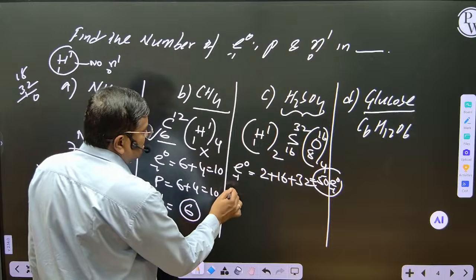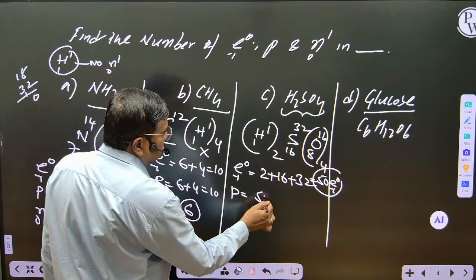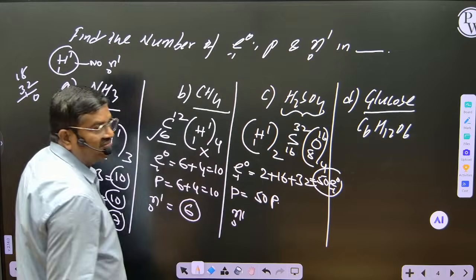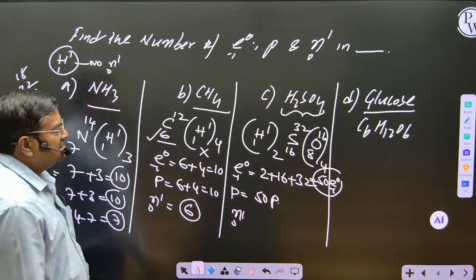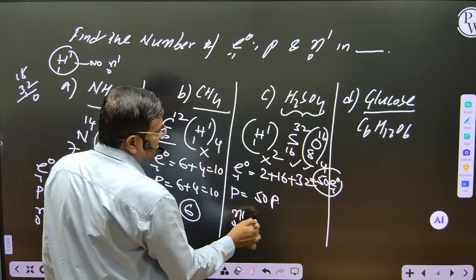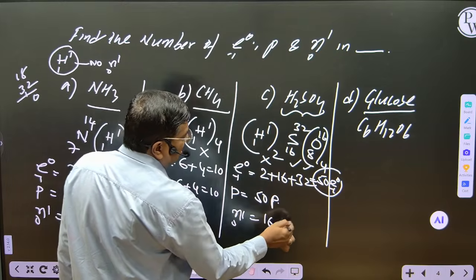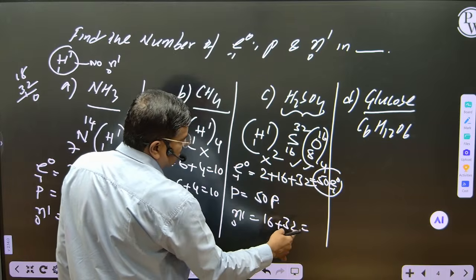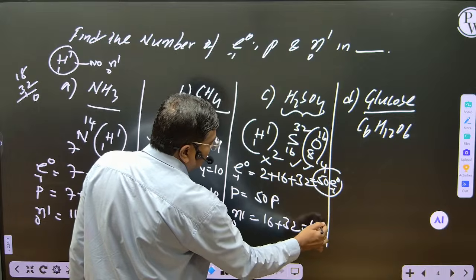Whereas protons also come same, 50 protons, but neutron, we have to omit 2 from hydrogen. That means only from sulfur we have to consider, and oxygen we have to consider. 16 from sulfur and 8 fours are 32. That means how much? 48 will be the neutrons.